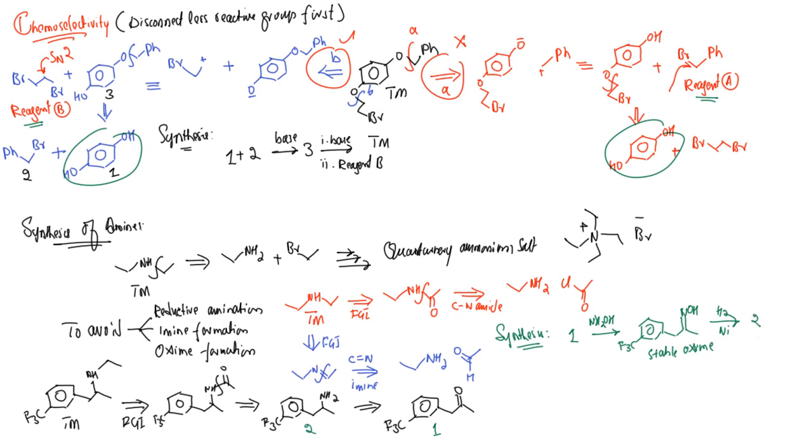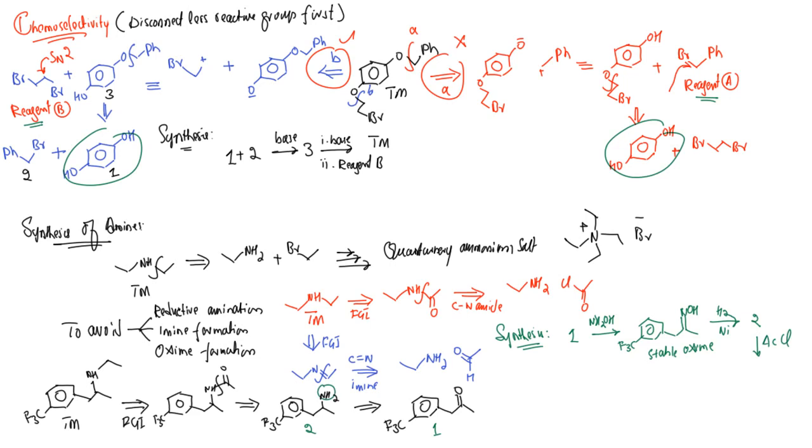This product number 2 is then treated with acetyl chloride, or especially a species like this, in order to make a reaction on this amino group.